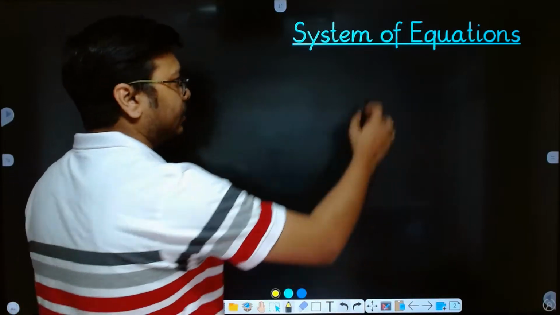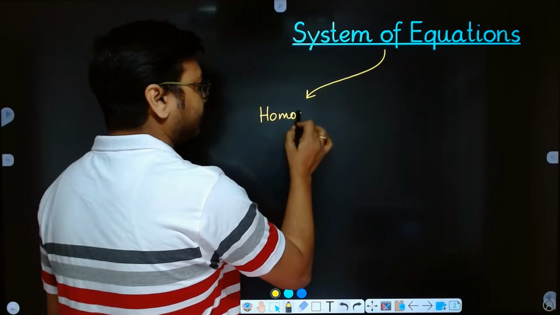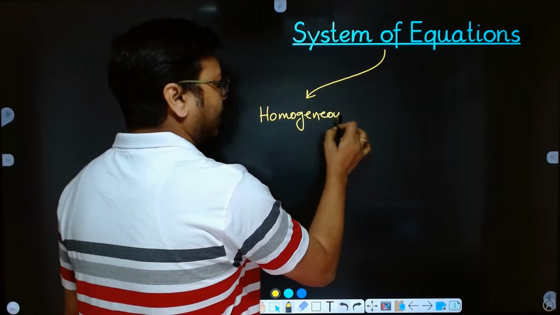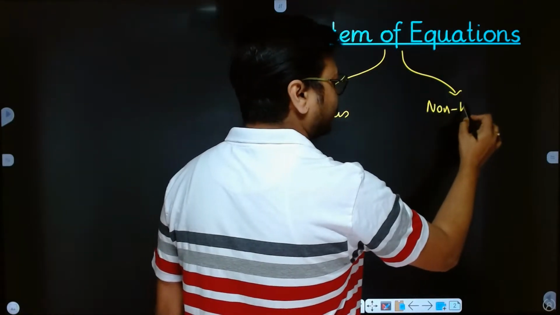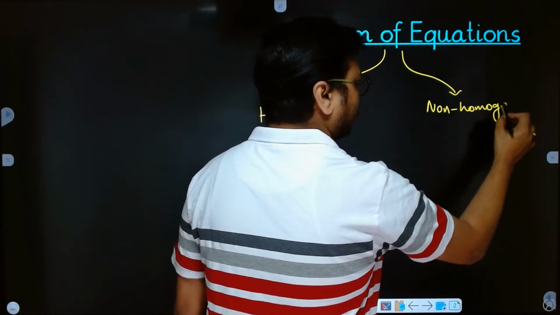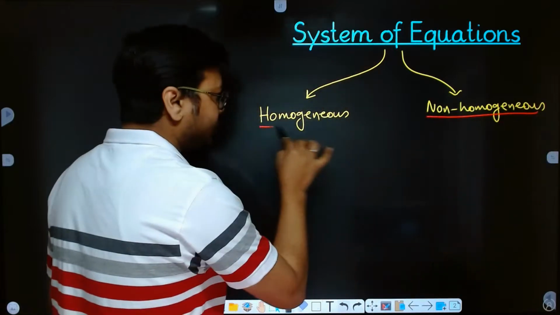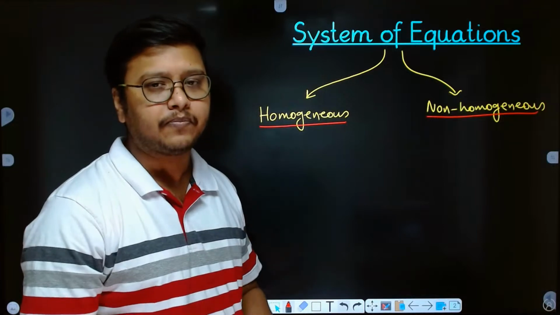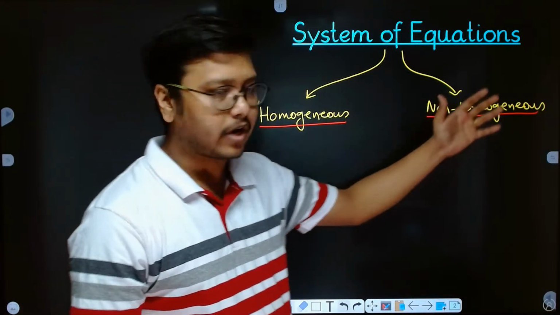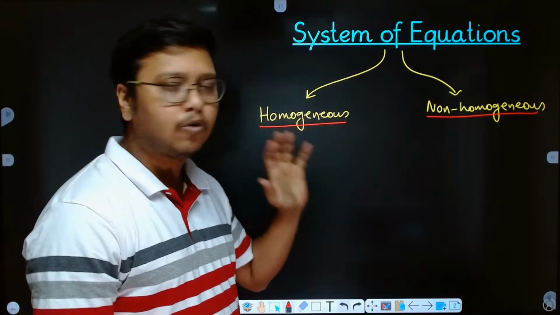The first category is a homogeneous system of equations, and the second category is a non-homogeneous system of equations. We are mostly concerned with the non-homogeneous part and a bit less concerned with the homogeneous part. Majority of the questions are constructed from the non-homogeneous part, and sometimes there are questions from the homogeneous part.